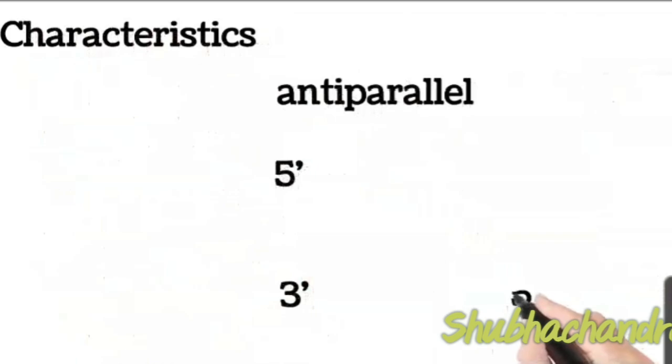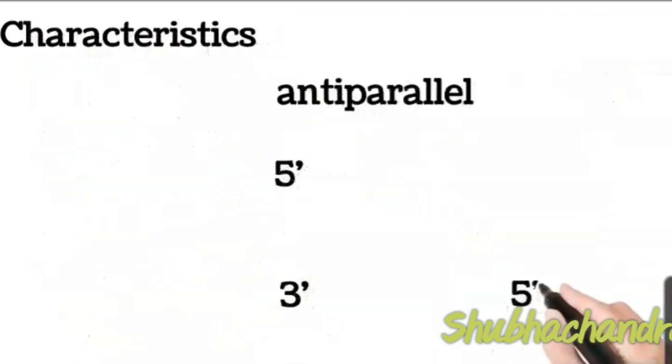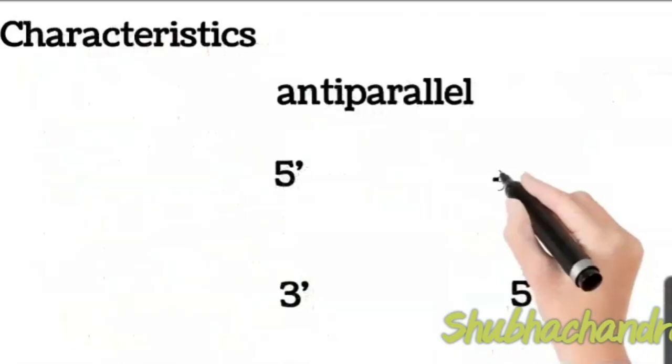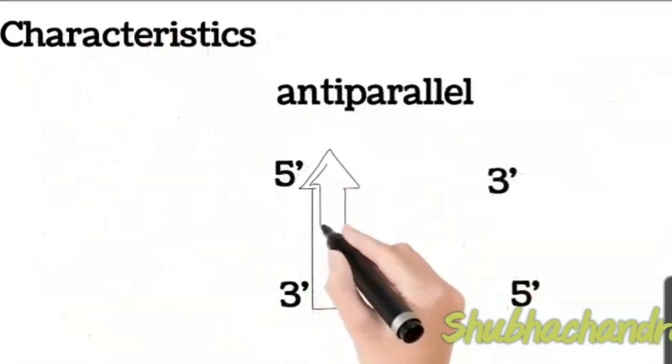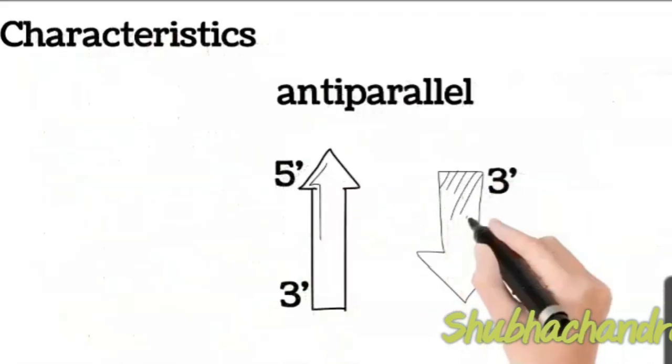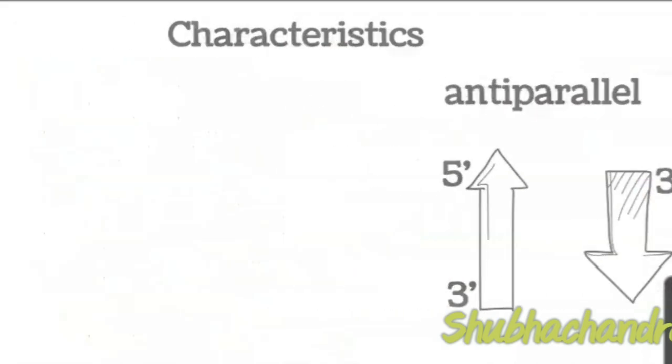3' means the OH group of the pentose sugar is free, and when the phosphate group of the pentose sugar is free, it is 5' orientation. One strand is ascending and another strand is descending, and that's why they are called anti-parallel strands.